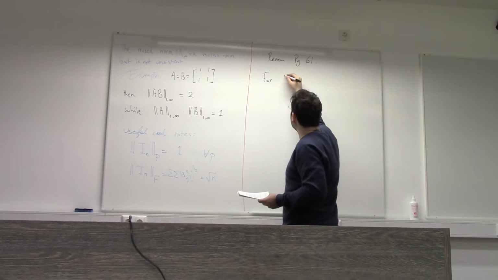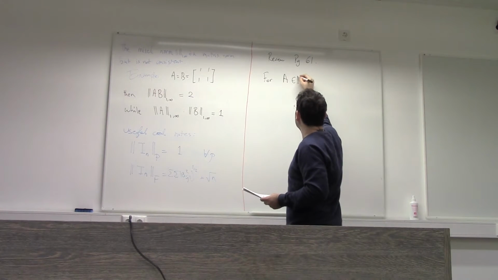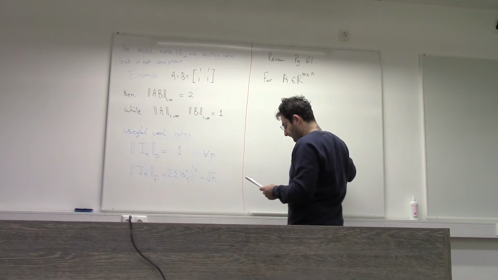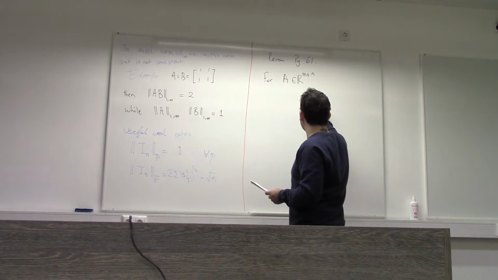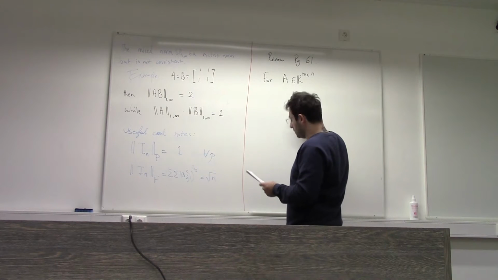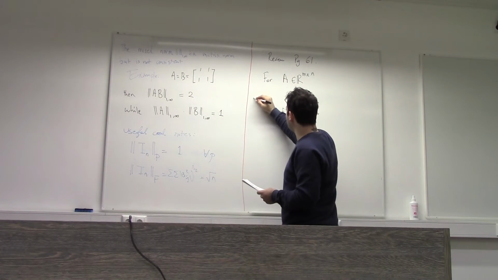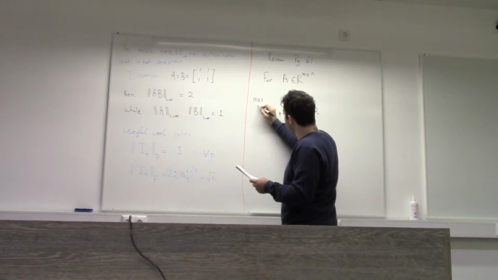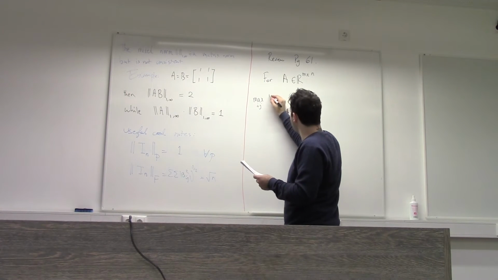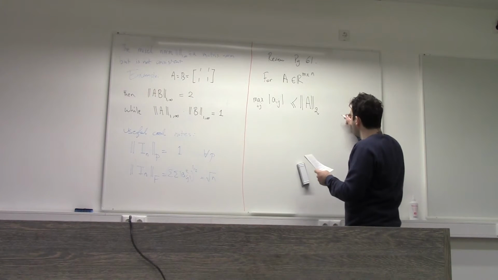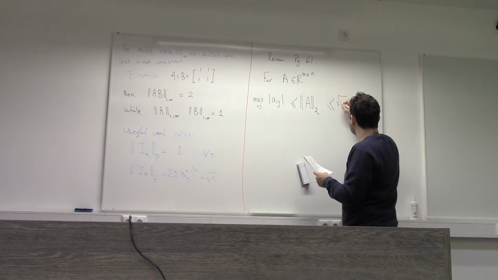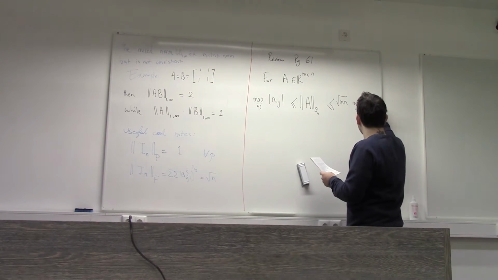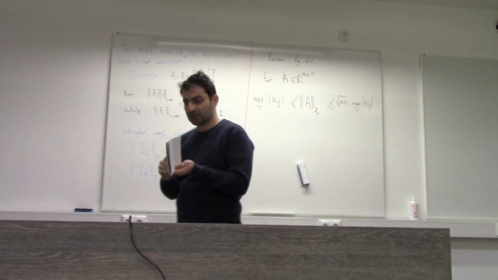In addition to that, for any A belonging to R^(m by n), the norm 2 of A is always between these two numbers.